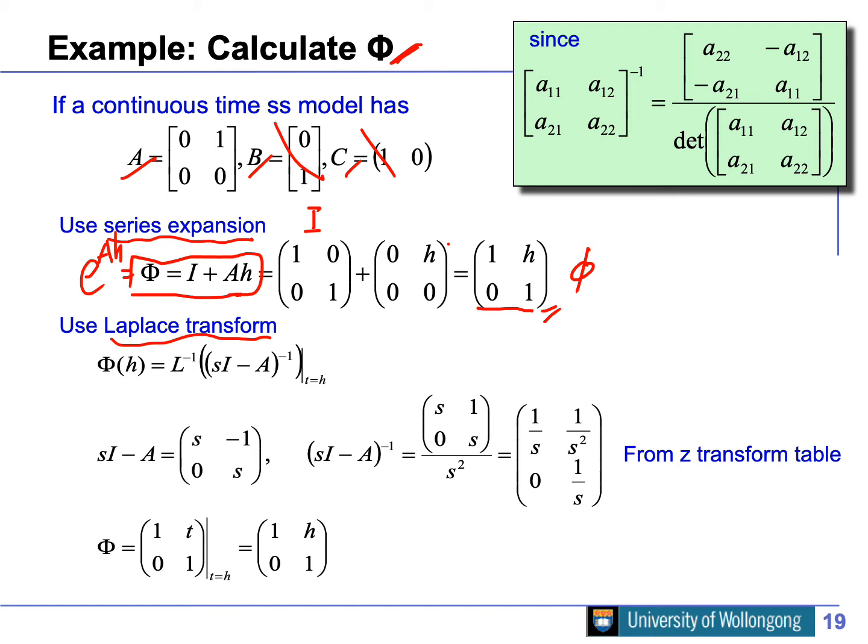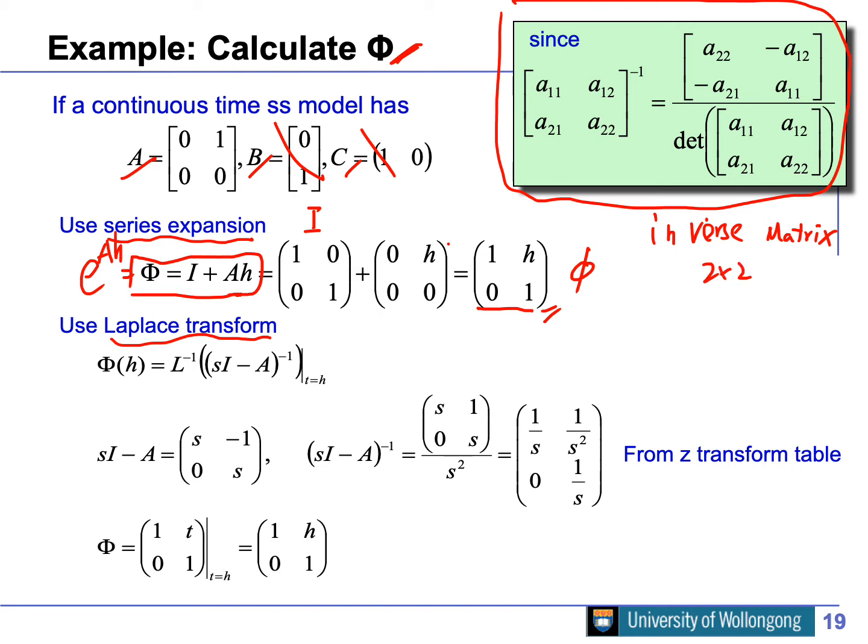I have something over here to show you how to get the inverse of a 2 by 2 matrix. So I put that there just in case we forget, because you can see here, before we do the inverse Laplace transform, we have to do this matrix inverse.